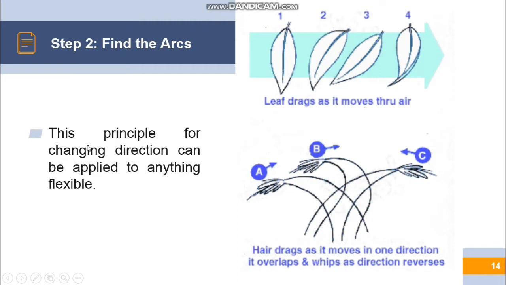This principle for changing direction can also be applied to anything that is flexible. So our arc can be used in a leaf that drags as it moves through air, or hair that drags as it moves in one direction and overlaps, whipping in the reverse direction. So this is a hair and this is a leaf using the arc.